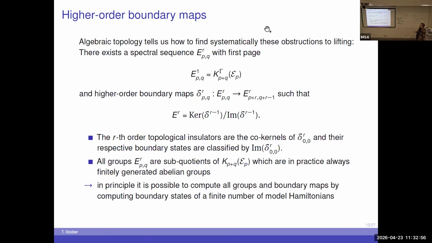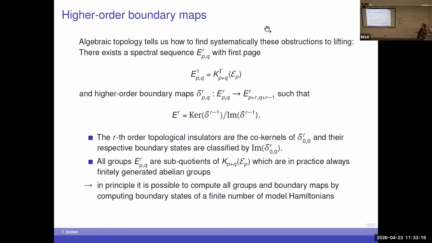And there are nice spectral sequences in K-theory which fit exactly to these cofiltrations. So basically, you get the first page, which are just K groups involving your ideals and the bulk algebra, and then basically successively you can compute page by page these boundary maps which give you at each stage the obstruction to your lifting problems.